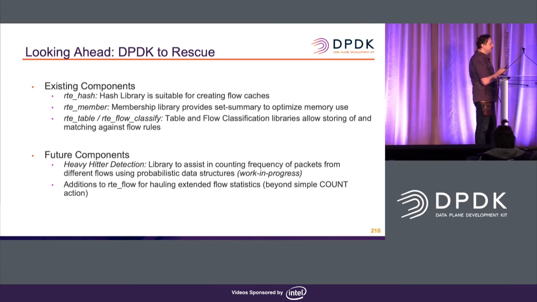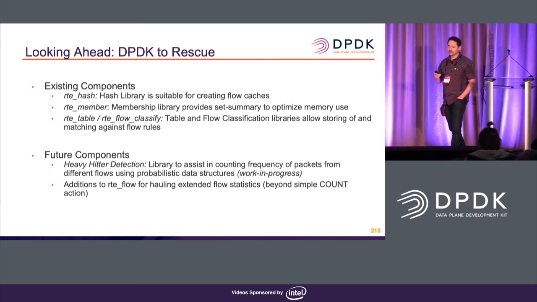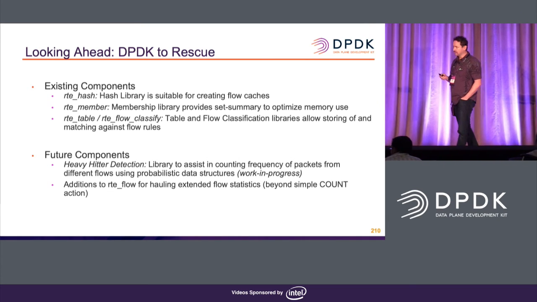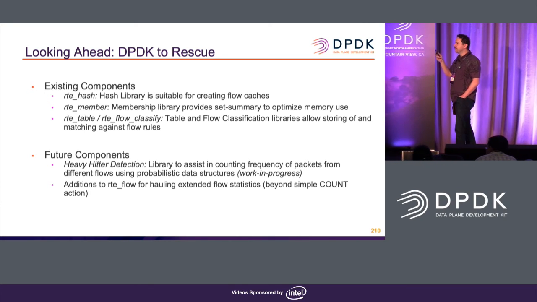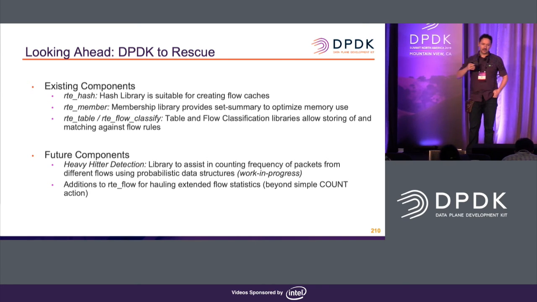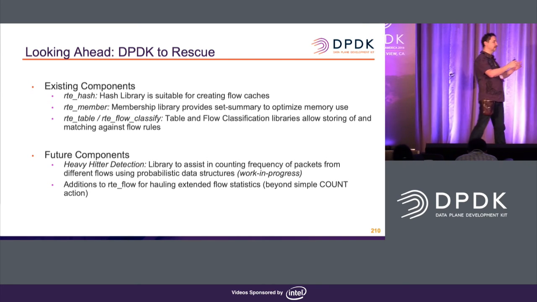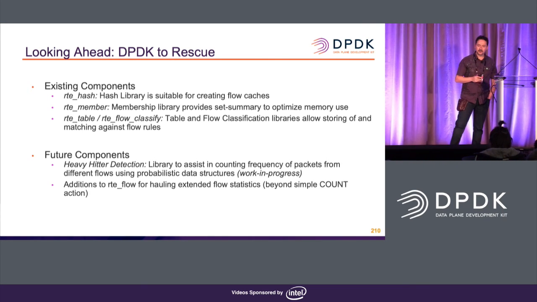RTE hash is a hash library that is really good and suitable for creating flow caches. Very efficient data structures are there. RTE member is a membership library that lets you easily test whether something you have received was present in a group that you already defined.